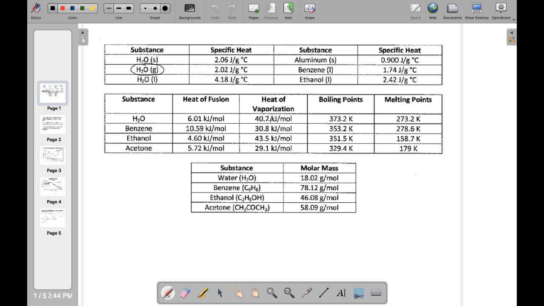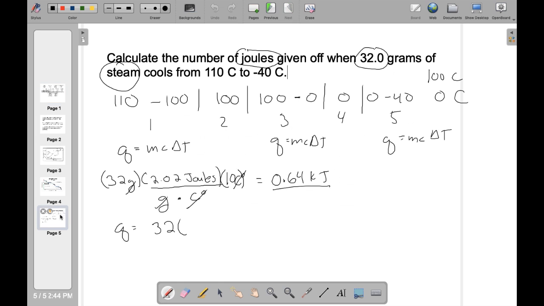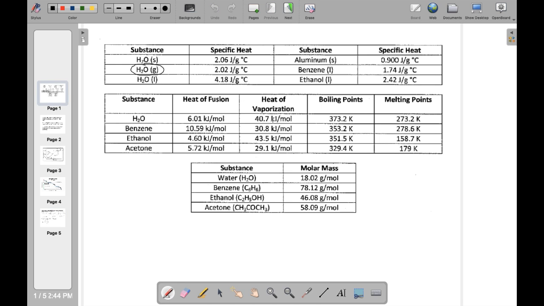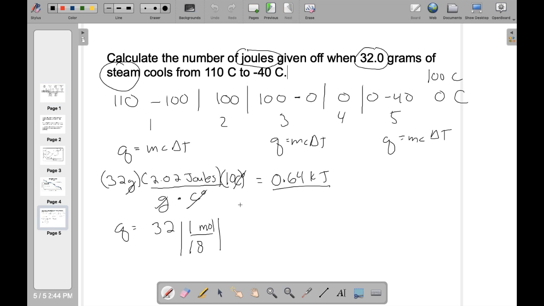This is 40.7 kilojoules per mole. So remember what I did was I actually converted this into moles. 1 mole. And I know water has a molar mass of 18. And it's 40.7 kilojoules per mole. 40.7 kilojoules for every 1 mole.